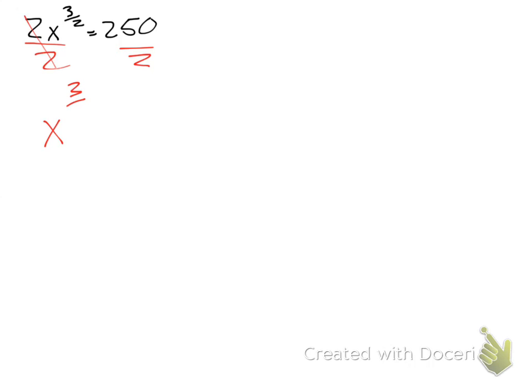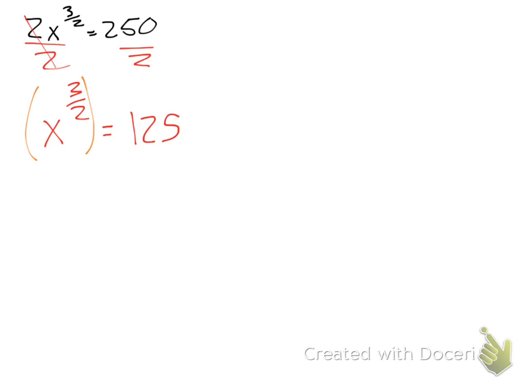X to 3/2 equals 125. And like I said, to get rid of something to the 3/2 power, you take it to the reciprocal, which would be 2/3 power.